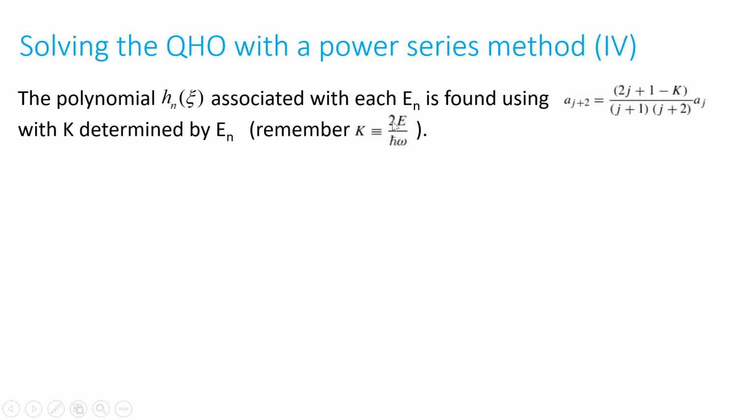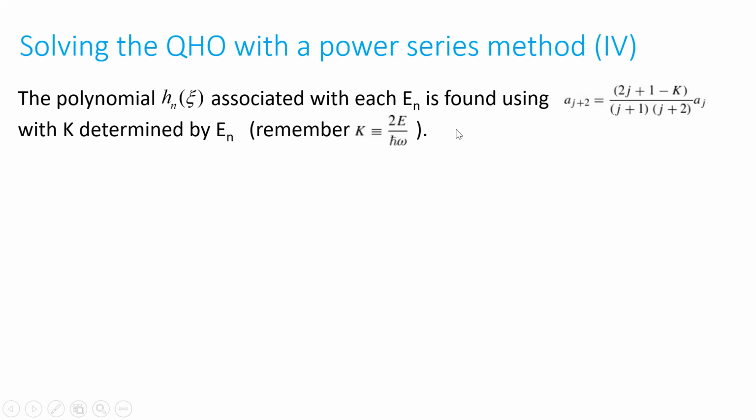So this would be 2 times h bar omega over 2, over h bar omega, which would be 1. So K would start out as 1, and we would build up this series, and at a certain value of j, in fact j equals 1, this series would terminate.